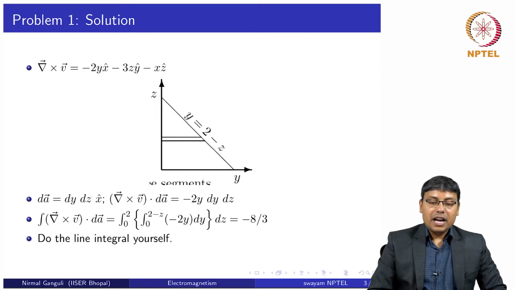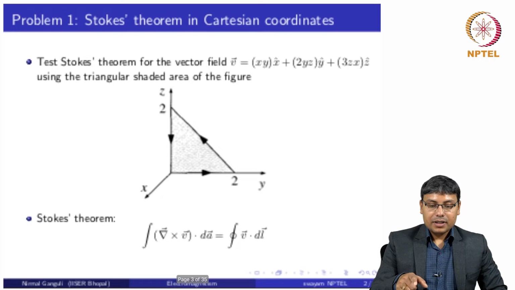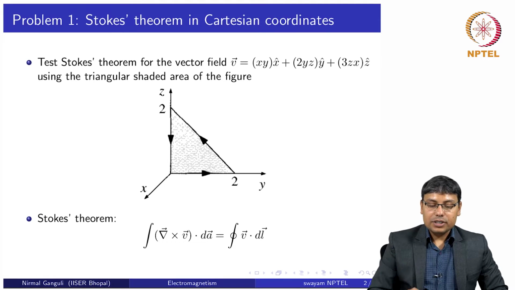And we have to see the same thing using the line integral as well. So, how do we do that? We consider the lines that are shown here using the arrows, take the line elements accordingly.